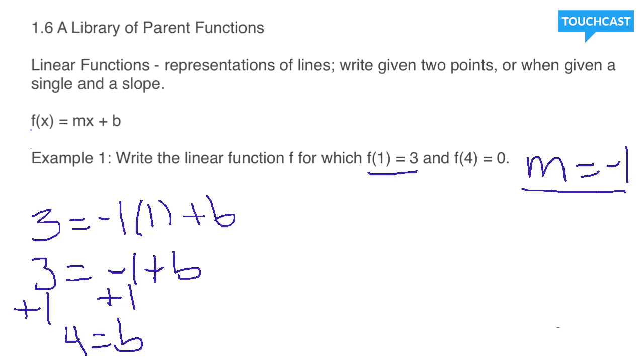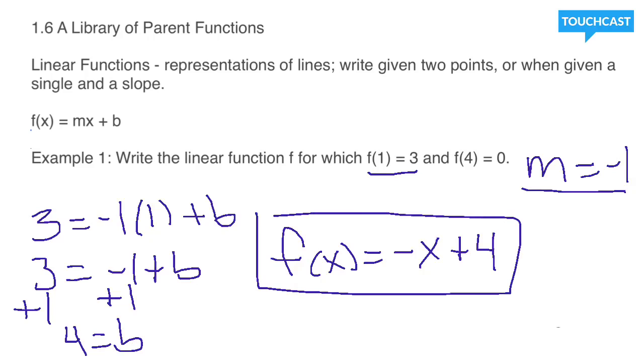And then we can just plug that back into our f of x equals mx plus b with all the information we know. So from this, we can conclude that our function is f of x equals negative 1 times x is just negative x plus 4. The same function we got using the other method. You can choose which method you like best when solving this.